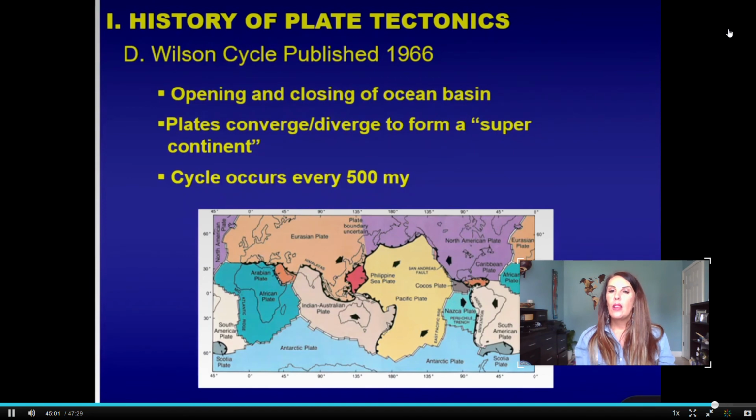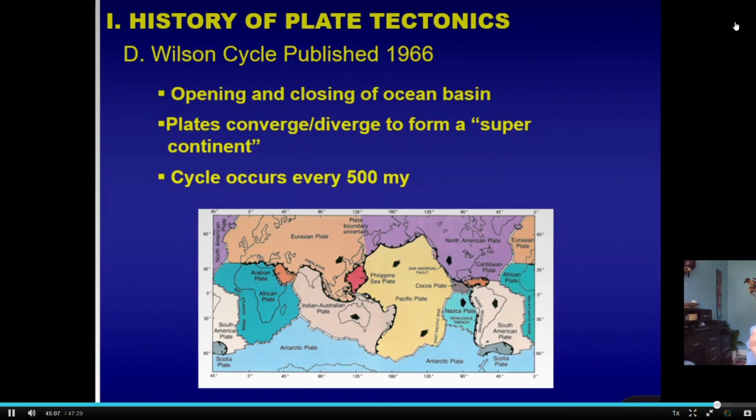So are we at modern day closing in on the Pacific Ocean based on this plate tectonic map, or are we closing in on the Atlantic Ocean? I'm going to pause here, and I'm not going to tell you the answer because I really want you to think about that. And we'll talk about that a little bit more in class.